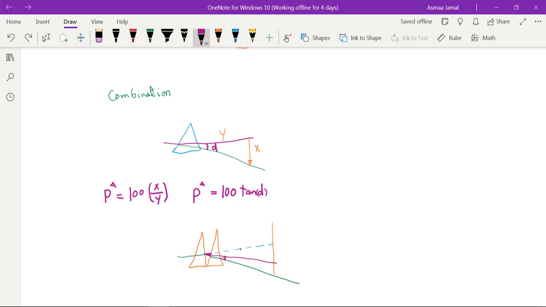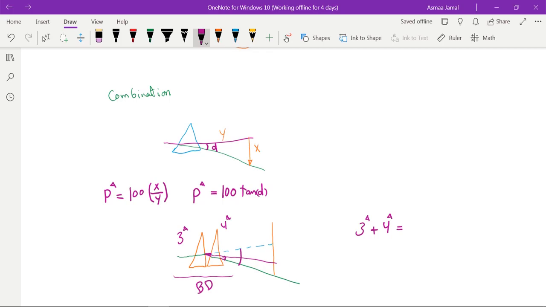So this will give us the total deviation. If they are 2 in the same direction, for example, this is 3 prism and this is 4 prism, and both are base down, we can easily add 3 to 4 prism, and this will give us the total deviation.